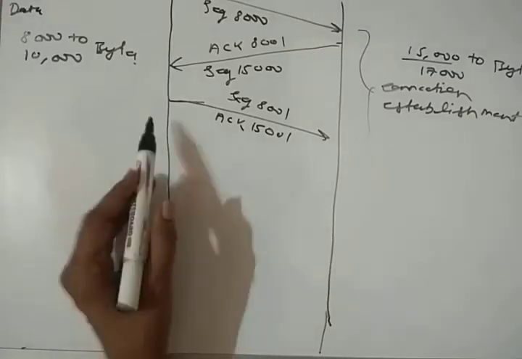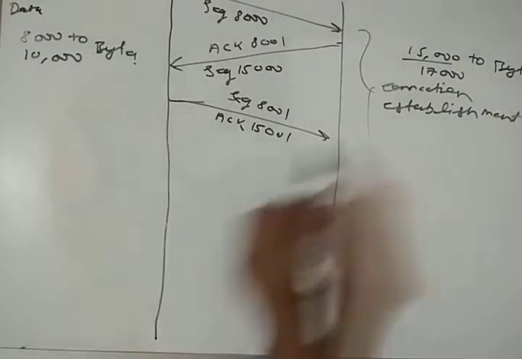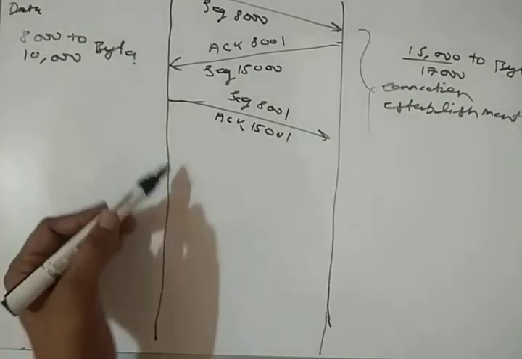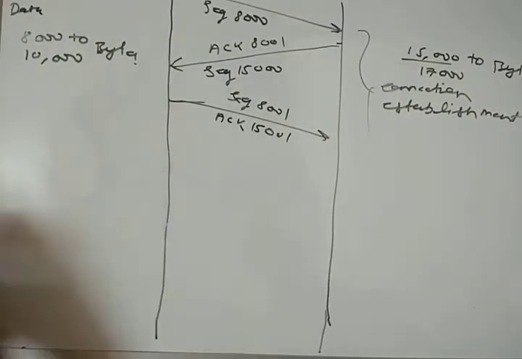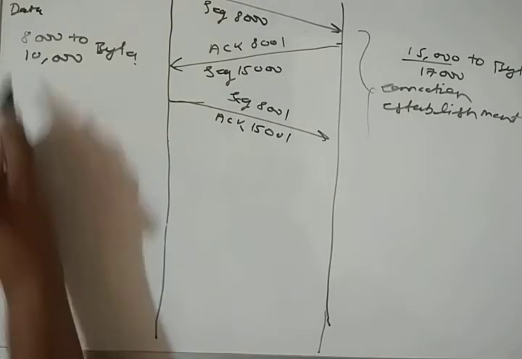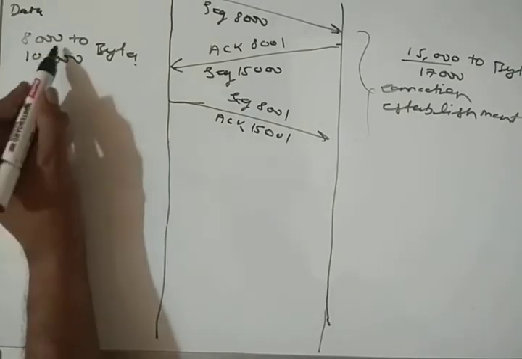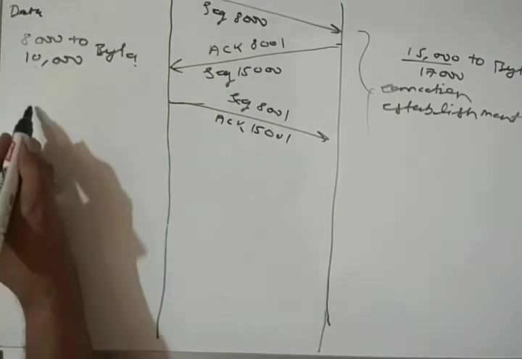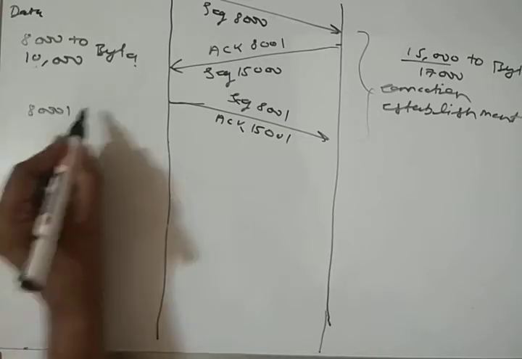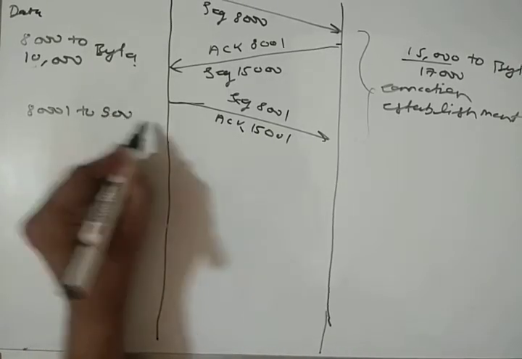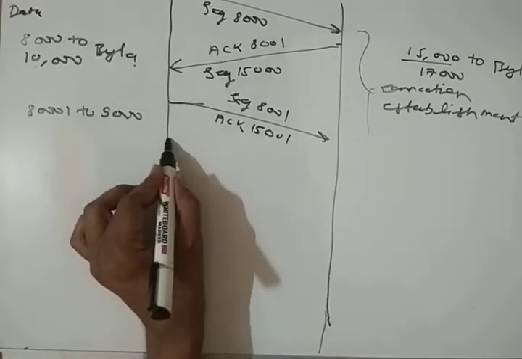Now we transfer the data in full duplex mode. Once the connection is established, we transfer data in full duplex mode, sending data from 8001 to 9000. That is the sent data.